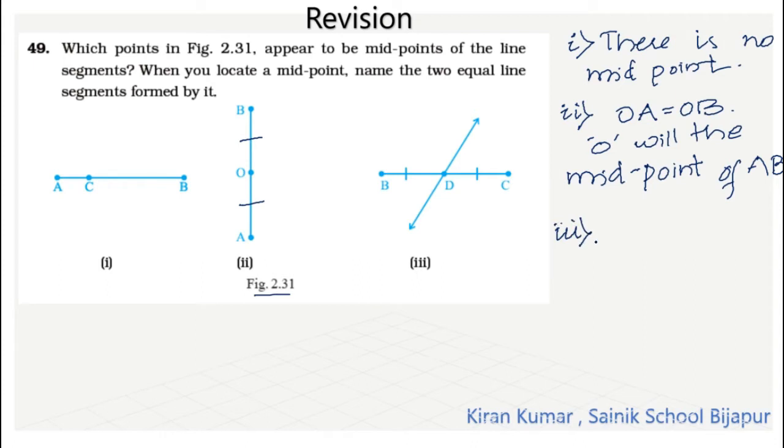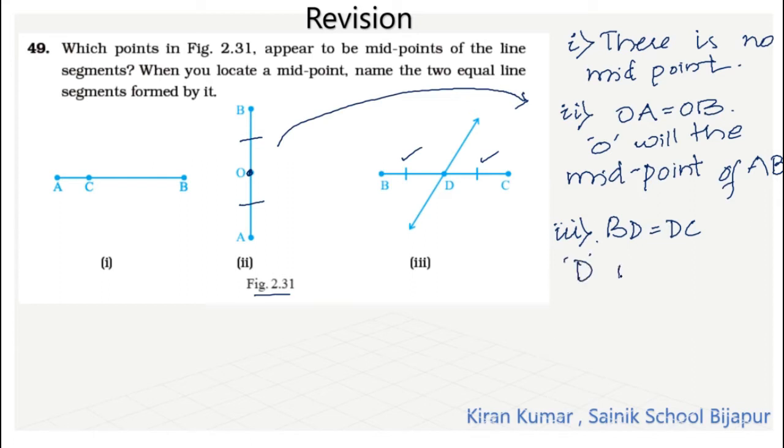Alright, look at the third one. They have mentioned that parts are equal here. BD and DC, they are equal to each other. Here, I have considered O to be a midpoint. It is a consideration, but in this, we are sure that D is the midpoint.